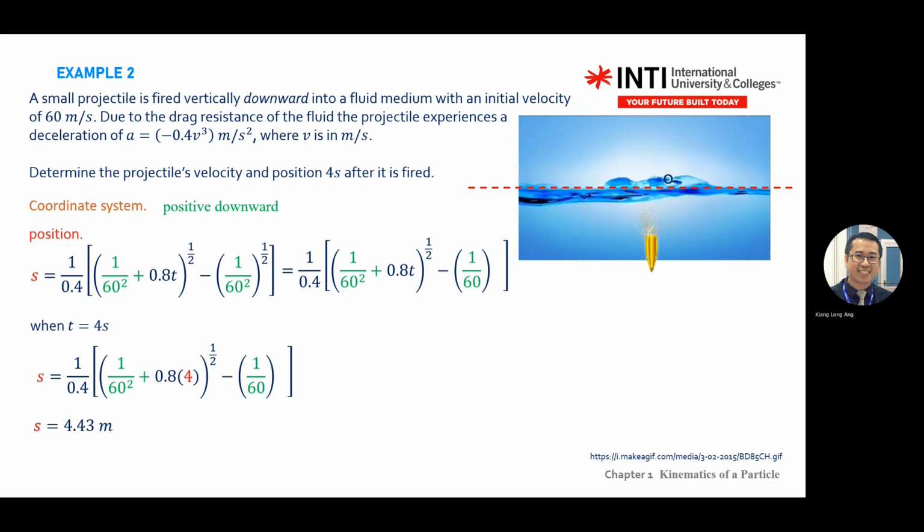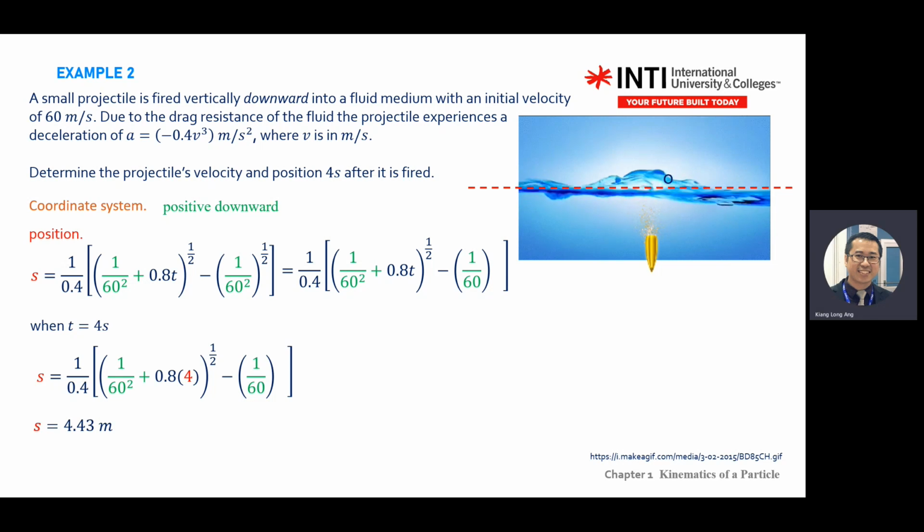That's why in the beginning, I always told you guys to tell the coordinate first. Either move to the left is positive, move right positive, go up positive, go down negative. Location is important. Where is positive?